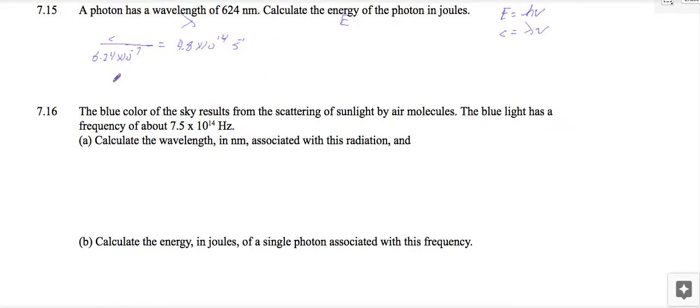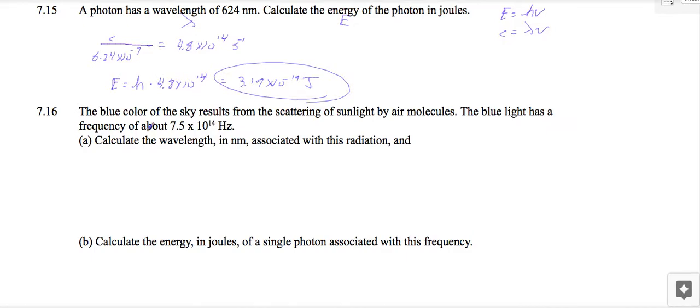Now I can plug that into energy is equal to Planck's constant times 4.8 times 10 to the 14th. Gets us 3.19 times 10 to the minus 19th joules. And that's our answer there.